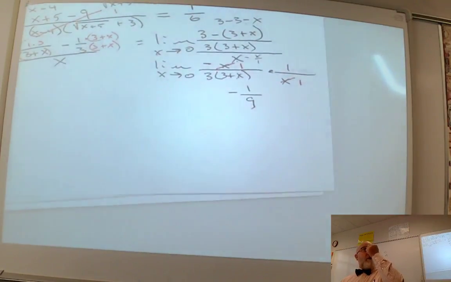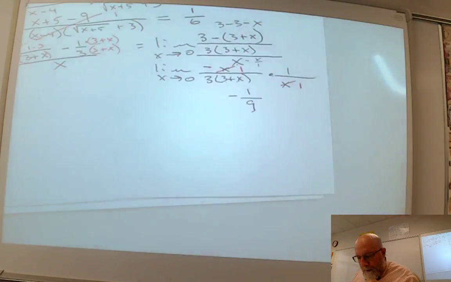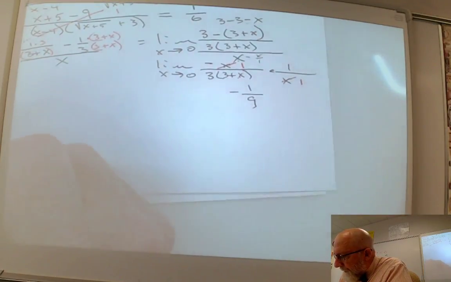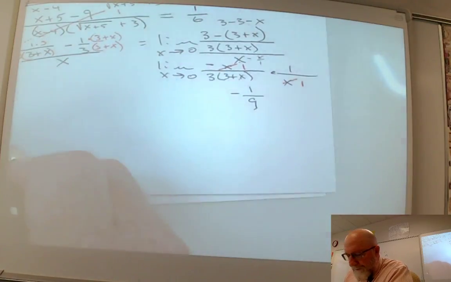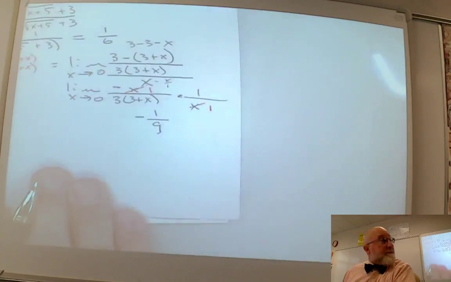How much time do I have? No time? 3 minutes? All right, I'm going to do one more problem here. And it's this. The limit as delta x goes to 0. You're going, oh my God, what is that symbol? Like that?